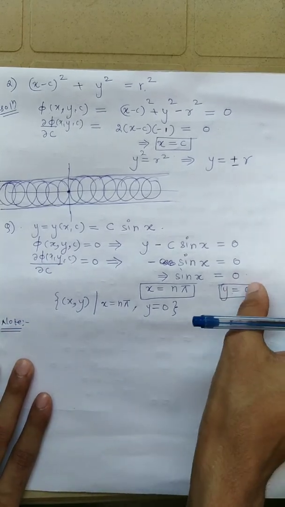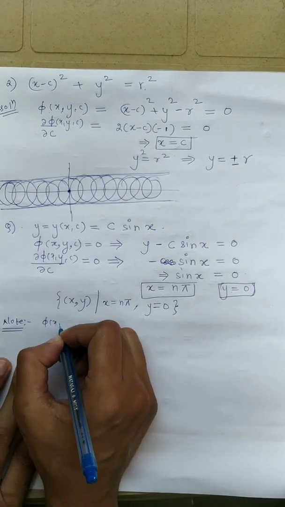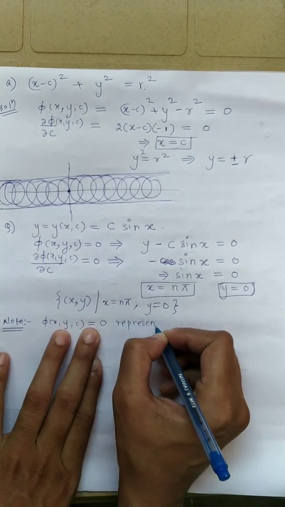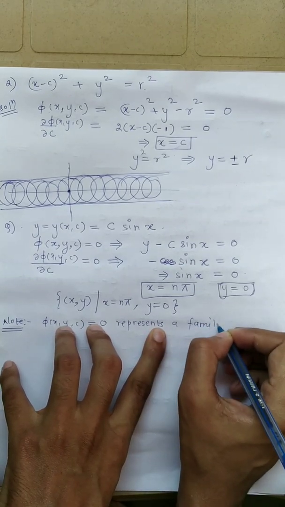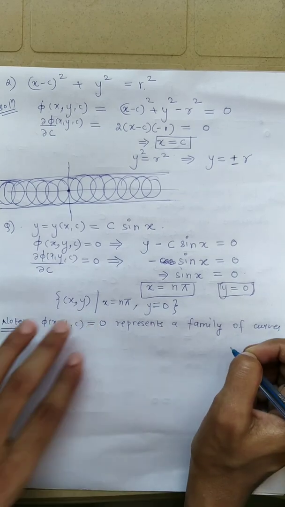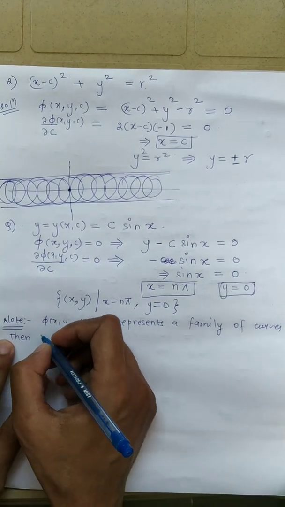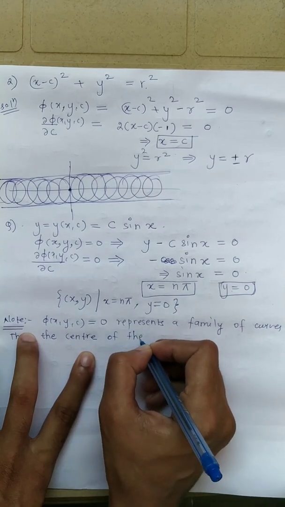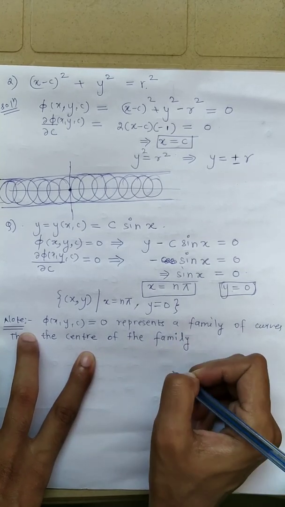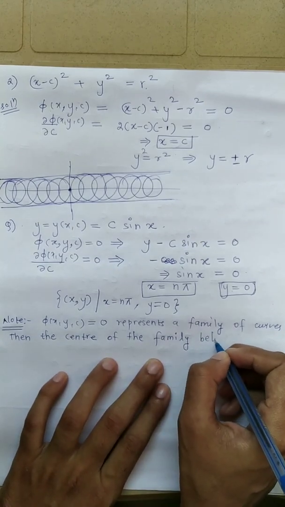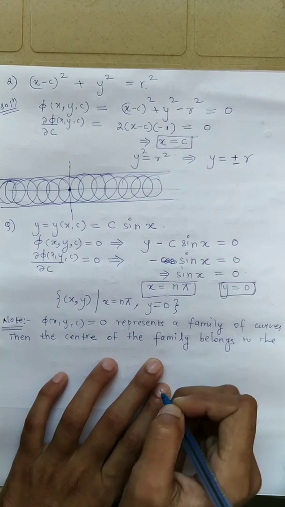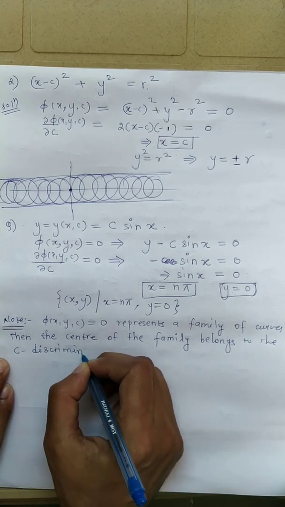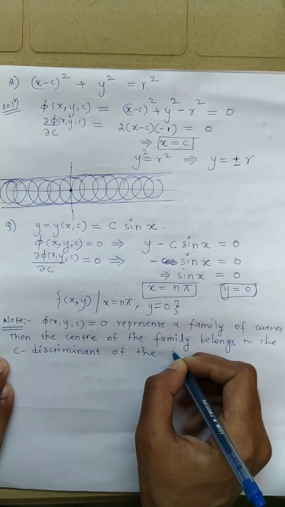Now there is one point which can be noted, that is, if phi of x, y, c equal to 0 represents a family of curves, then the center of the family belongs to the c discriminant of the family.